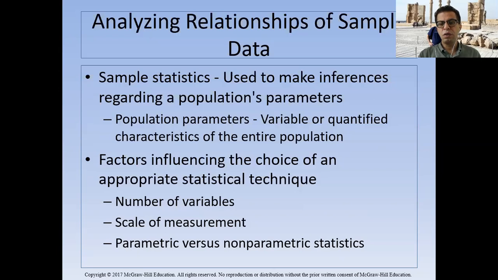Now, you need to do some analysis, as we said, on the relationship. We spoke about it, and you do the sample statistics, and you look at the factors influencing the choice approach: the number of variables, the scale of measures, and all these parametric and non-parametric statistics.